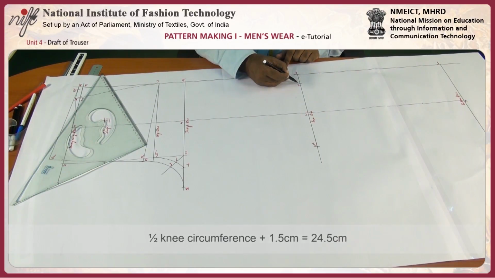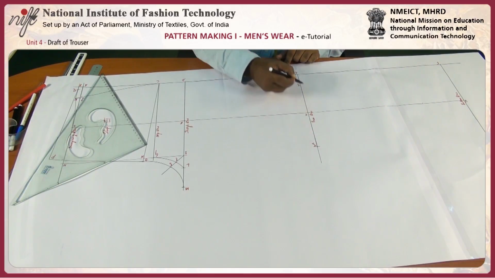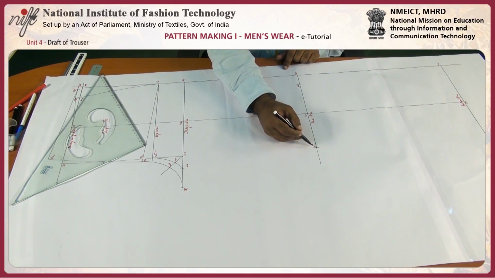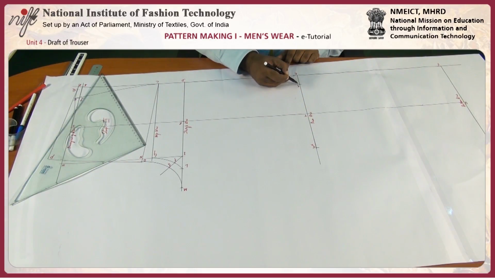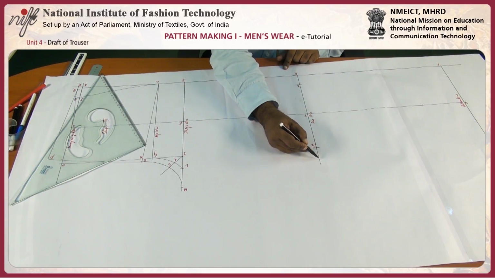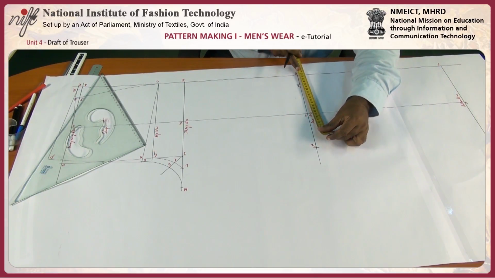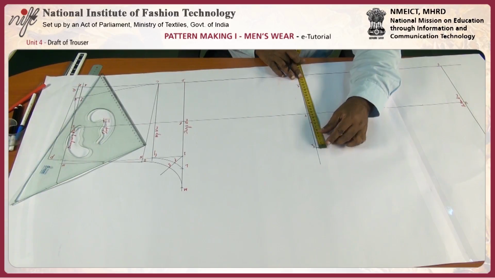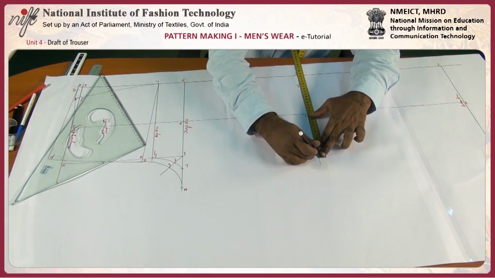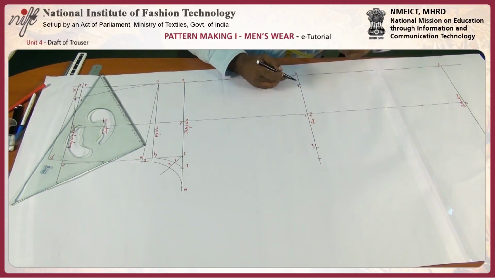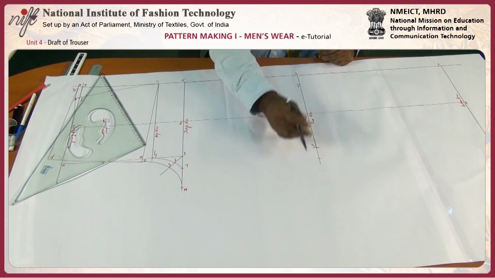Now, in this case T1 to T2, we reduced 1.5 centimeter. In T1 to T3, we increase 1.5 centimeter, that is to compensate the circumference measurement. So here 24.5 centimeter from T1 to T3.